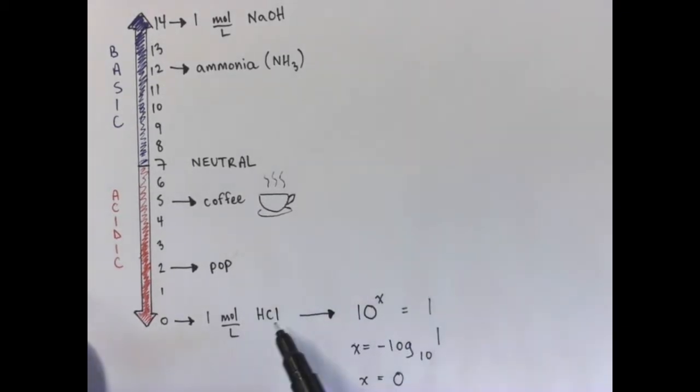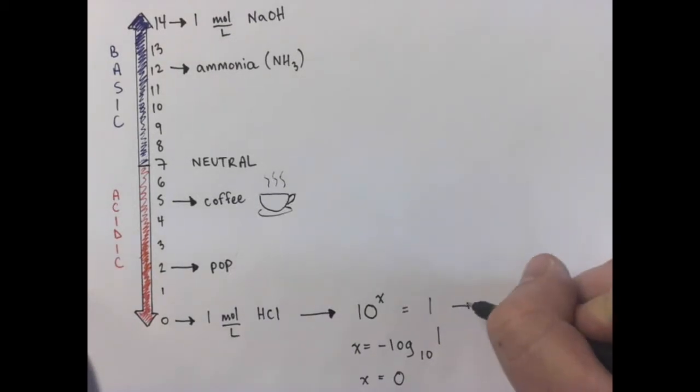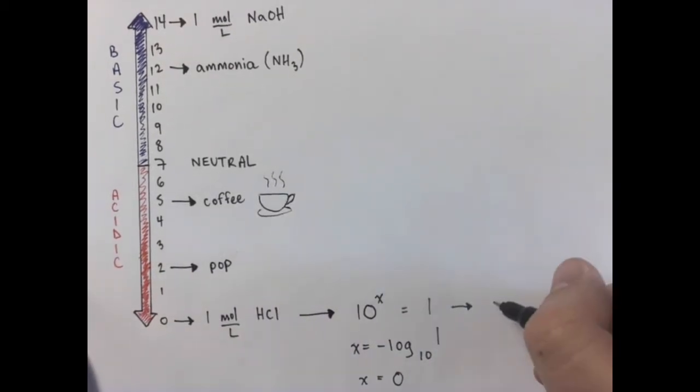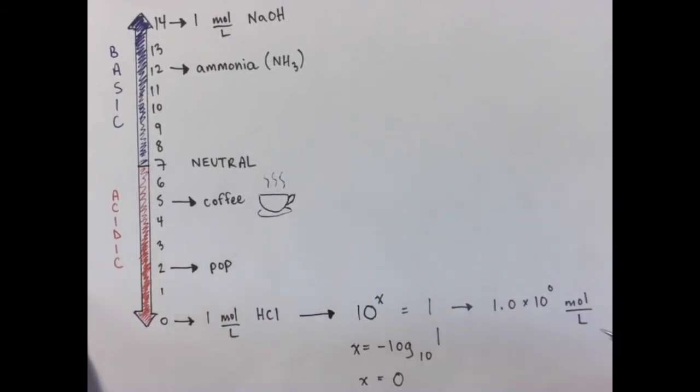So what this means here with our hydrochloric acid concentration is we could write it as 1.0 times 10 to the 0 moles per liter. All right, so that's the concentration of hydronium ions in 1 molar hydrochloric acid.